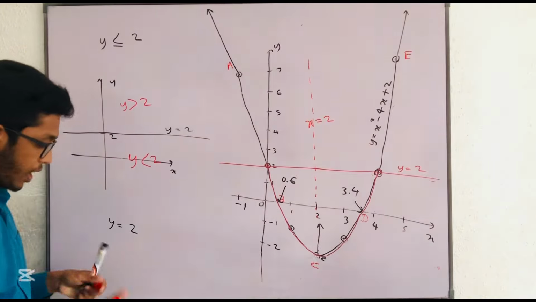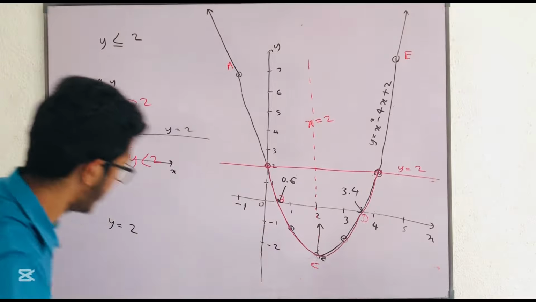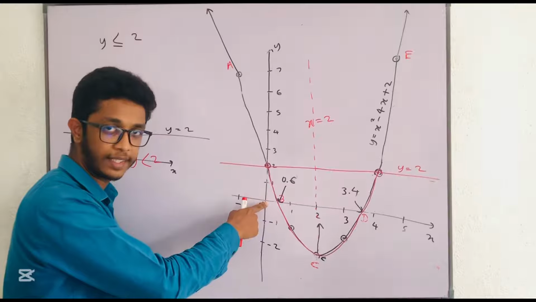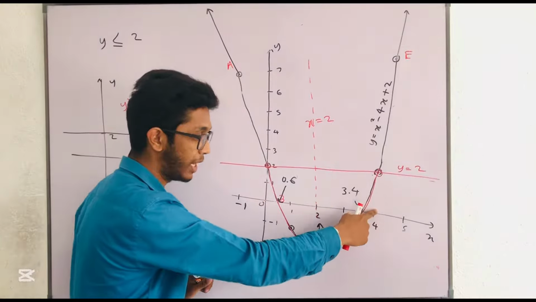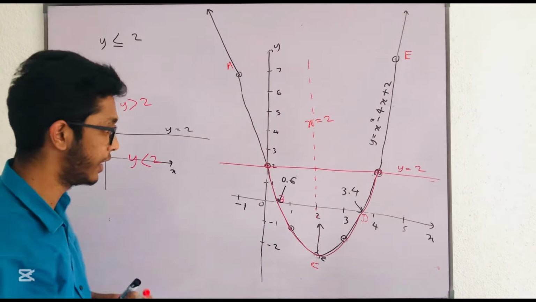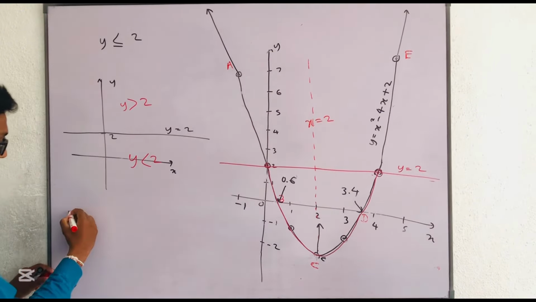I told you, when getting the x value range, we write the minimum value for x in that part, we write the maximum value for x in that part, and between those we write x and we put the inequality sign. What is the structure?